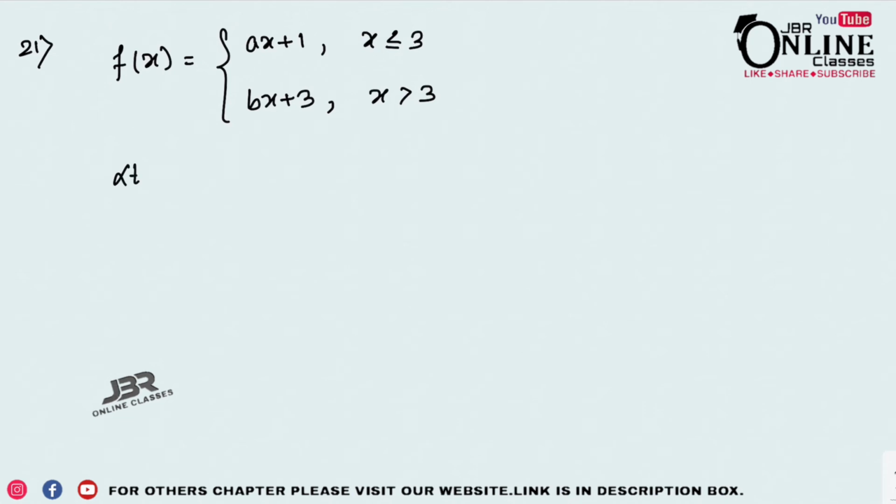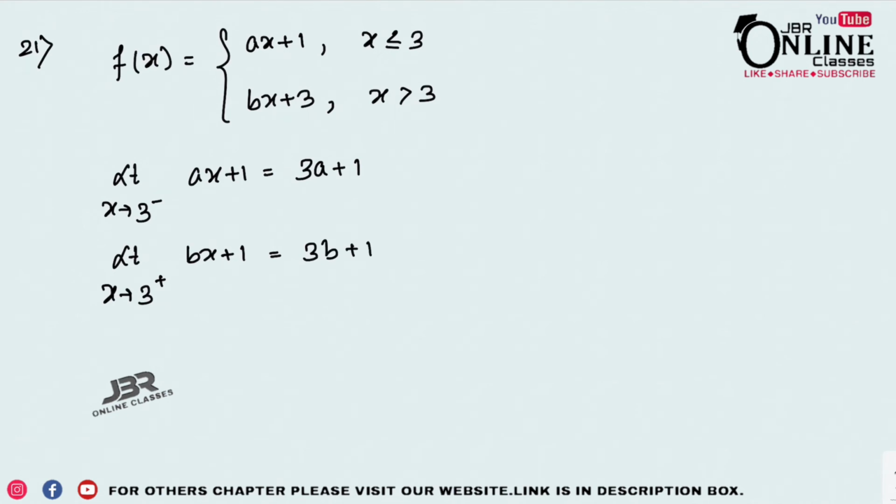So for the left limit, limit x tends to 3 minus, it's ax plus 1, that means 3a plus 1. For the right limit, limit x tends to 3 plus, bx plus 3, that means 3b plus 3. And for f(3), this one equals 3a plus 1.